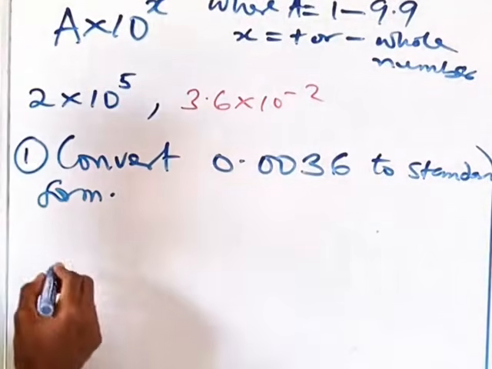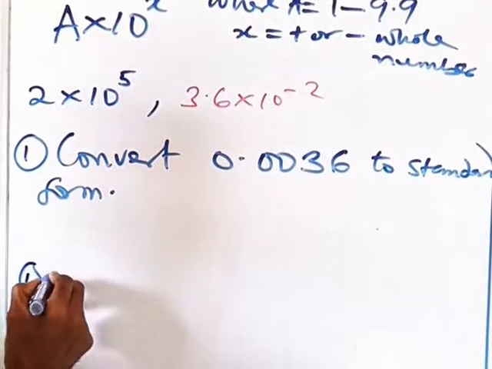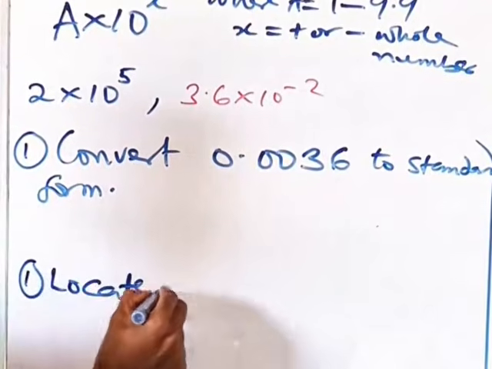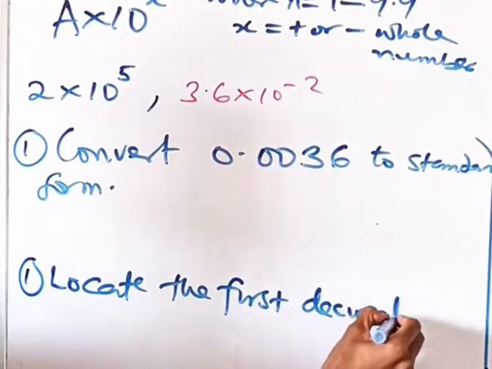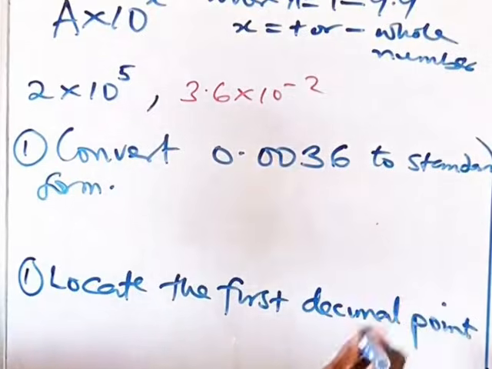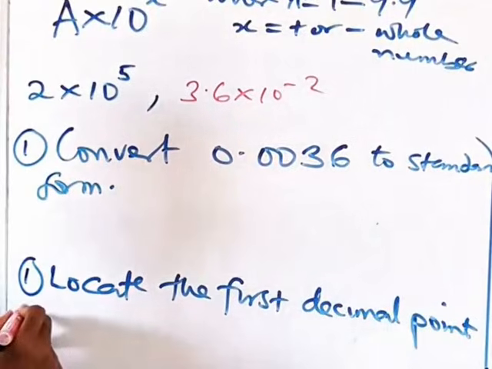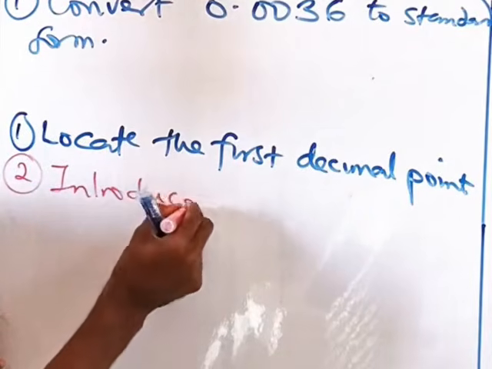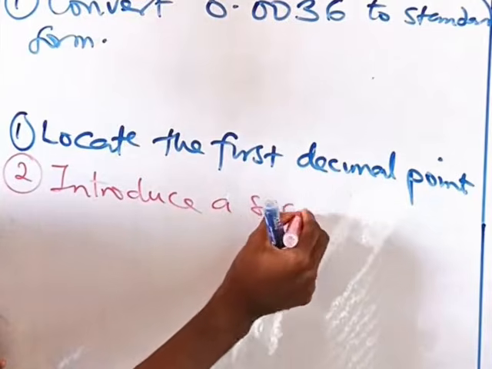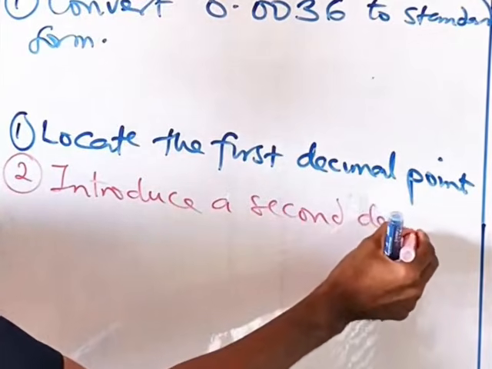What are the rules? Number one is locate the first decimal point. Number two, introduce a second decimal point.